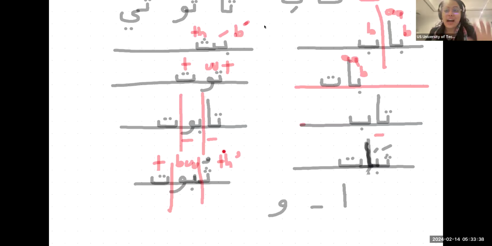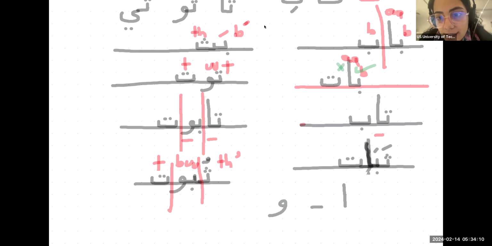The alif and the waw, we call them naughty letters. In Arabic, we have 6 naughty letters. Alif and waw are 2 of them. Why are they naughty? Because, as you can see, they connect to what's before, but they don't connect to what's after.